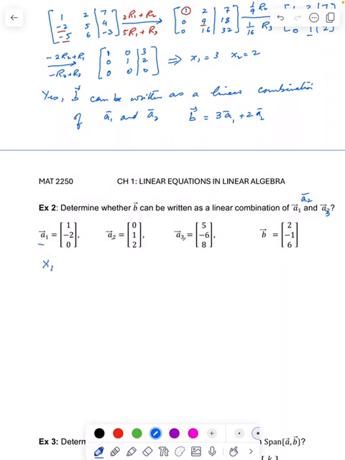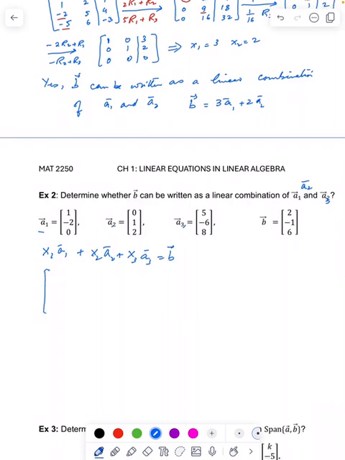We are solving this vector equation. Take the augmented matrix.